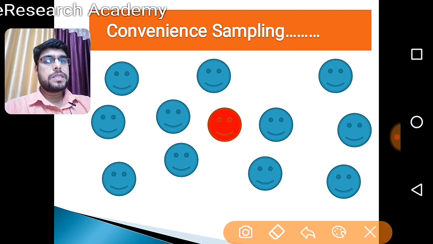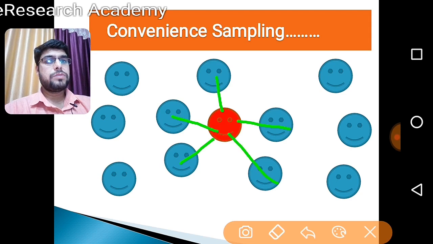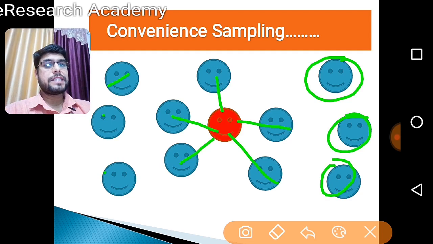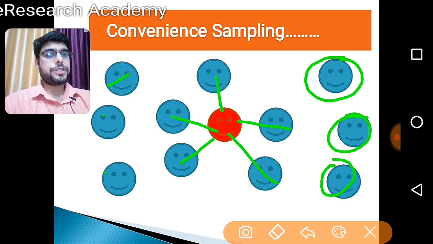He or she tries to pick the samples which are very near to him, let us say this one, this one, this one, this one and this one. As per his need, he selects the sample from his nearby. He generally avoids the samples from the far ones, like this one, this one, this one, this one and this one. This way he selects the sample from the universe or the population.